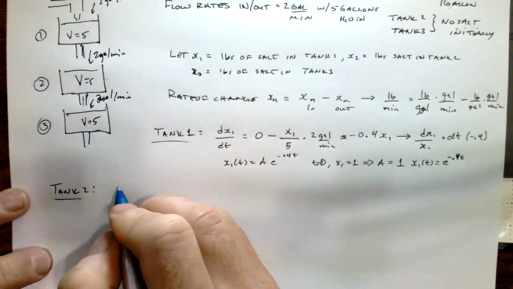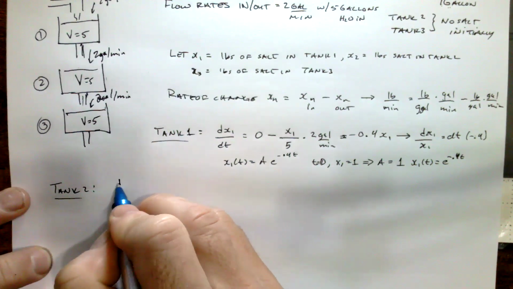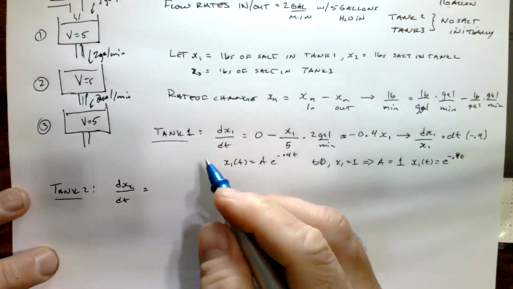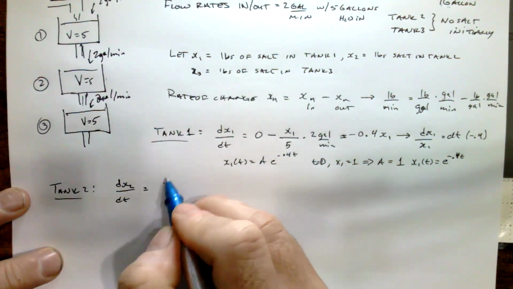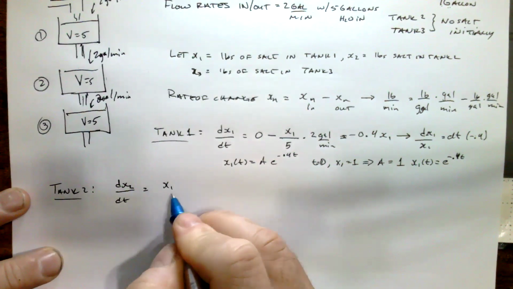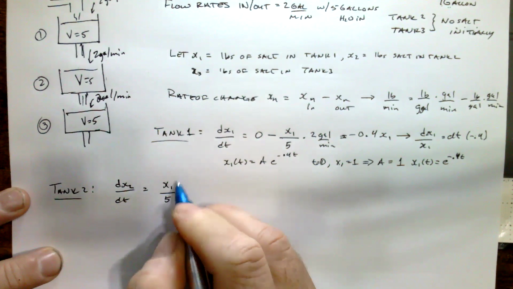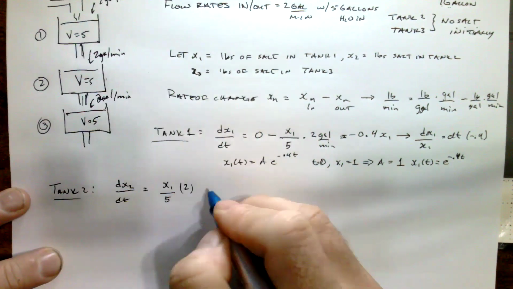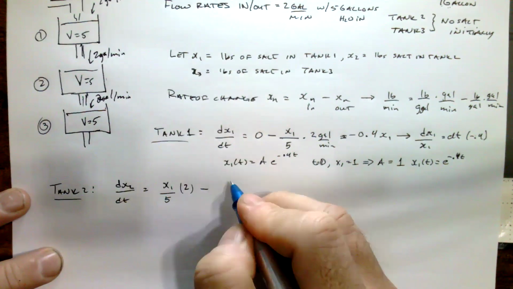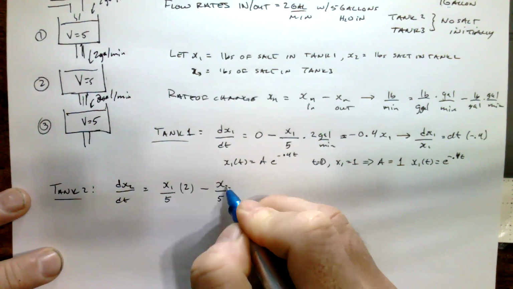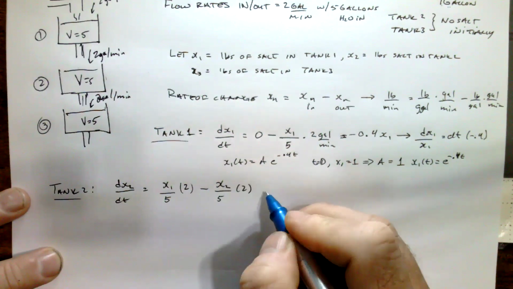In tank 2, the rate of change of salt, dx2/dt, is going to have some salt coming in, the amount of x1 divided by the 5 gallons that is there, times 2, the rate coming in, minus the amount of salt x2 leaving, pounds of salt divided by the total volume times 2 as well.